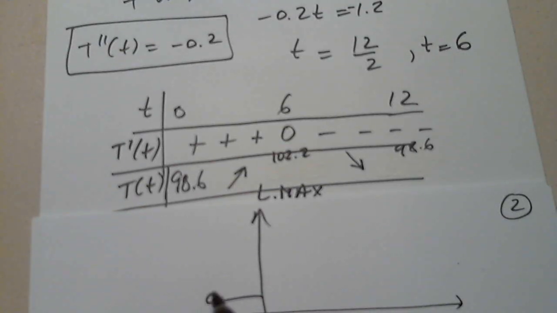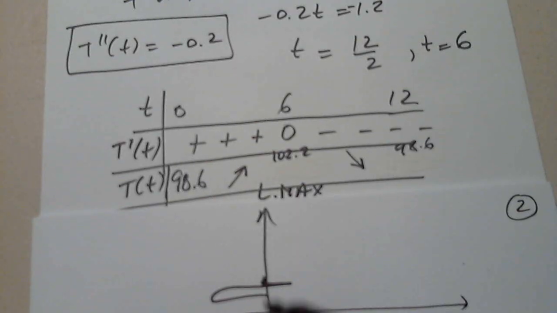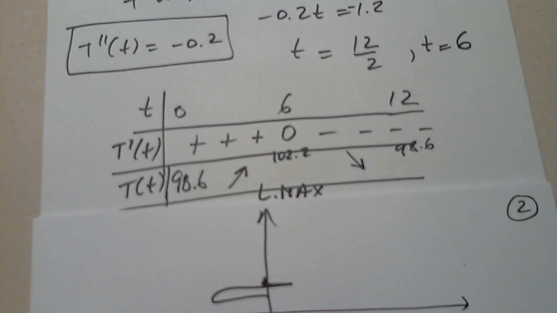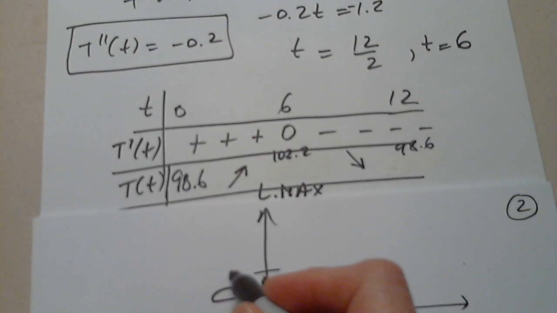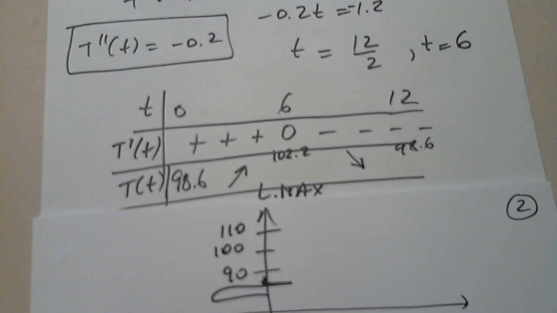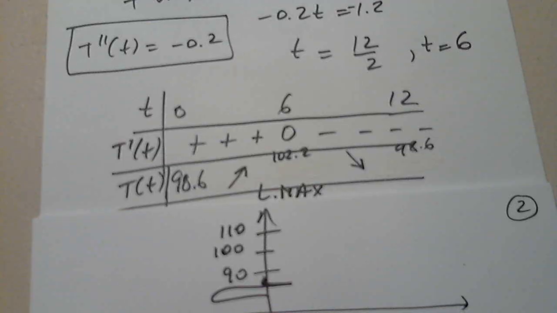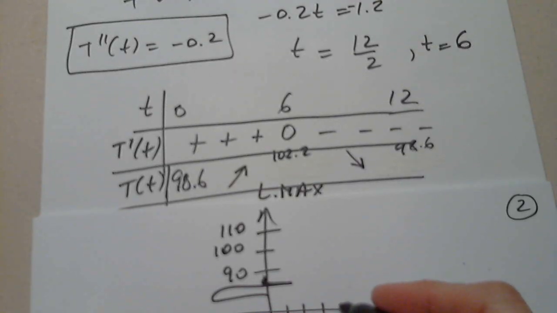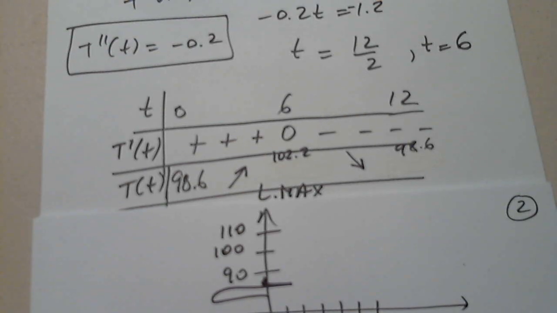So what I can do, break the y coordinate and say this is 90, this is 100, this is 110. That's all I care about. And here I have 2, 4, 6, 8, 10, 12. Good.